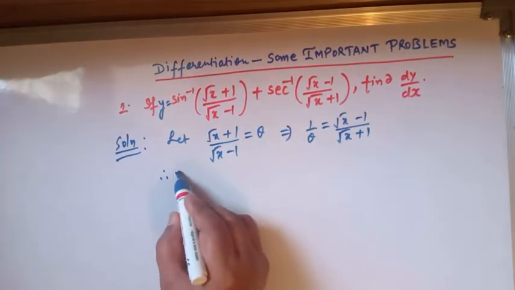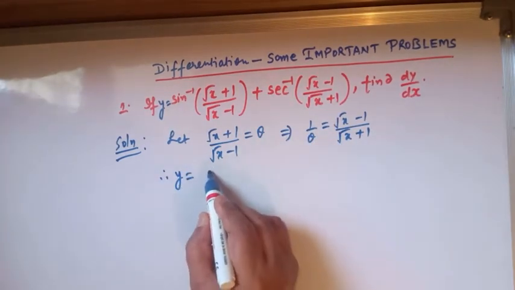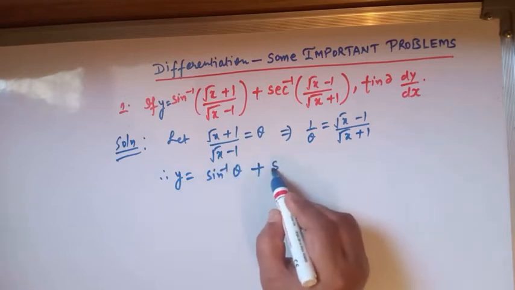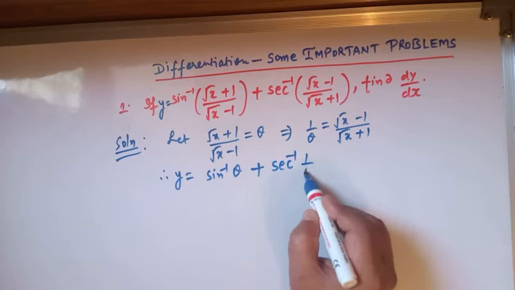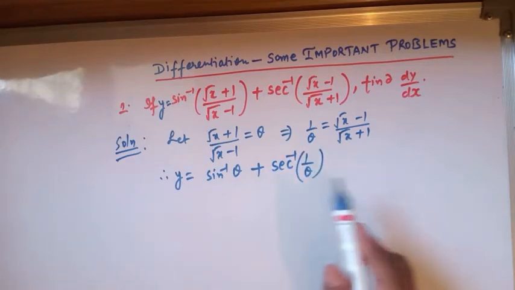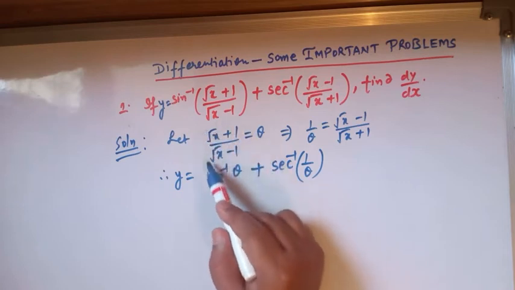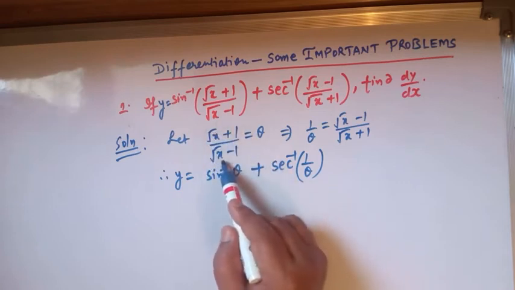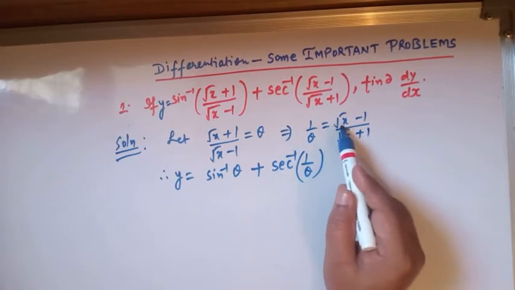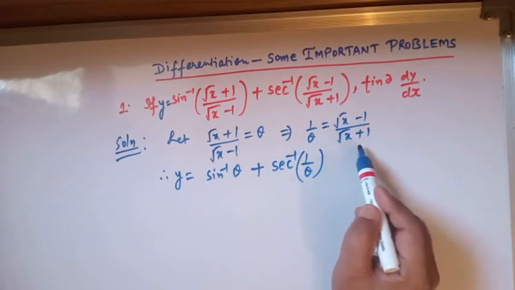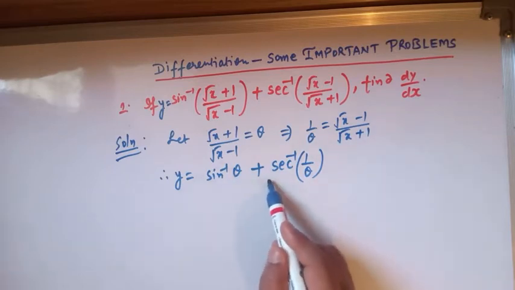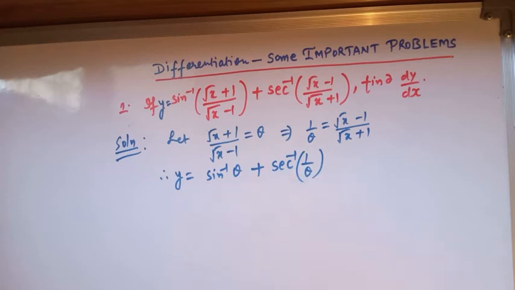Therefore y becomes sine inverse of theta plus sec inverse of 1 over theta. Clear? So here we have assumed theta is equal to square root of x plus 1 over square root of x minus 1, and this implies 1 over theta is equal to square root of x minus 1 over square root of x plus 1. So we have y equal to sine inverse theta plus sec inverse 1 over theta.